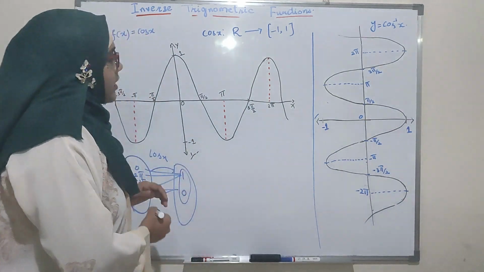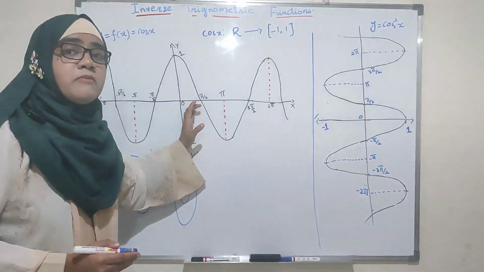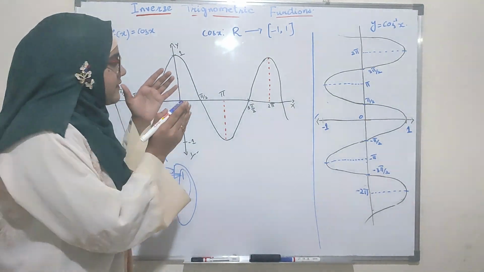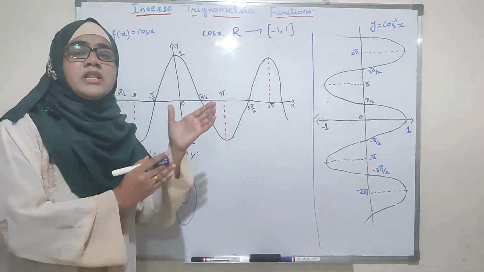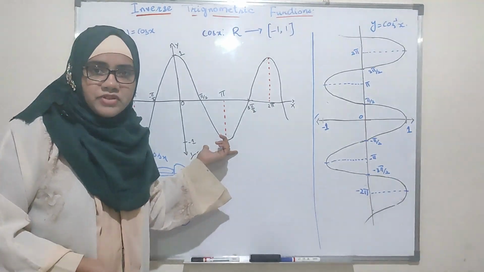We will choose some values for which this function becomes 1-1. After that we can easily find the inverse of this function.